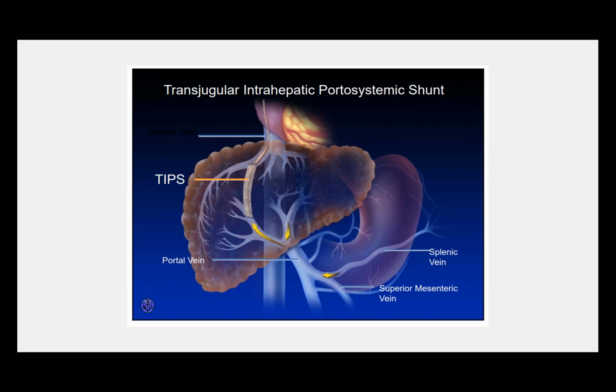But one of the main side effects that we see from this, and it can be quite detrimental, is hepatic encephalopathy. In those cases, there have been situations where they've actually removed the stent and tried to reverse the shunt, because encephalopathy can be so detrimental to some patients if it's not responding to treatment.